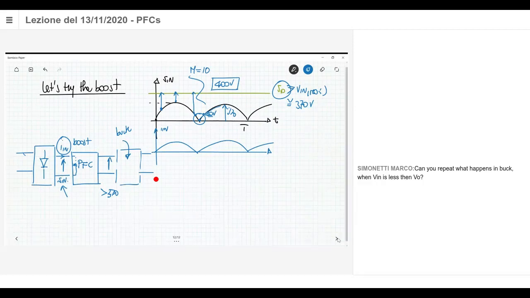Remember what I said about the duty cycle in boost. You can have a very huge conversion ratio in the boost, or maybe you have some limitations. If you have the conversion ratio, you have something like this. When the duty cycle is 1, okay, you get infinite.